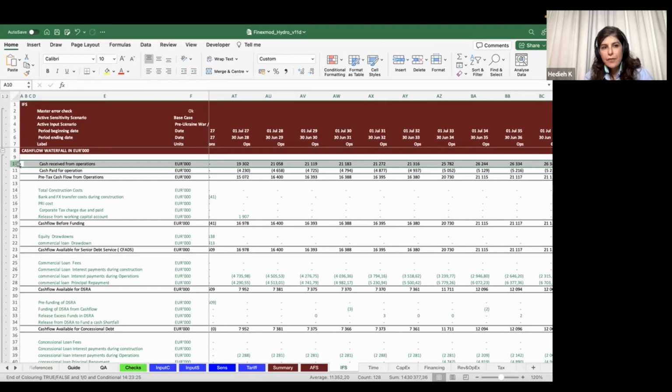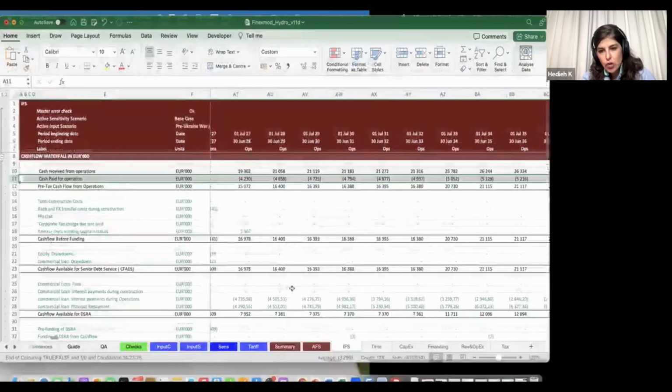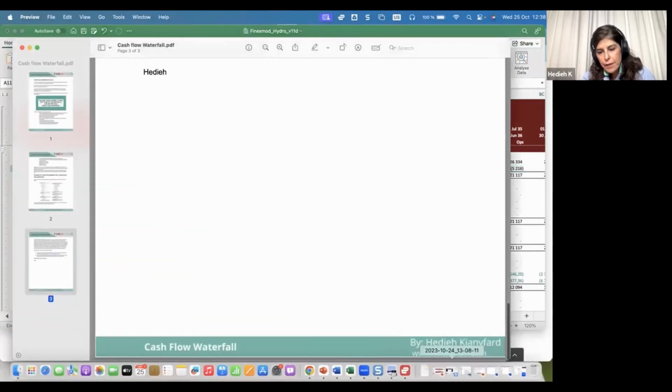Then we have the OPEX item. So let me show you an extract, an actual term sheet, because you see, this cash flow waterfall that we have in our financial model is a contractual thing. It's documented in the loan agreement with the lenders.